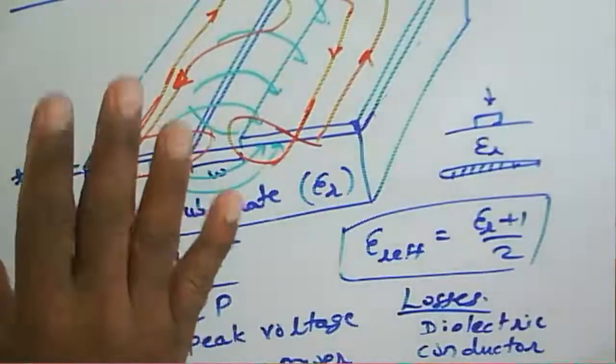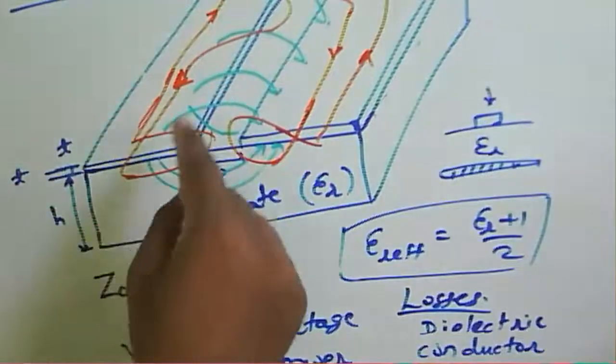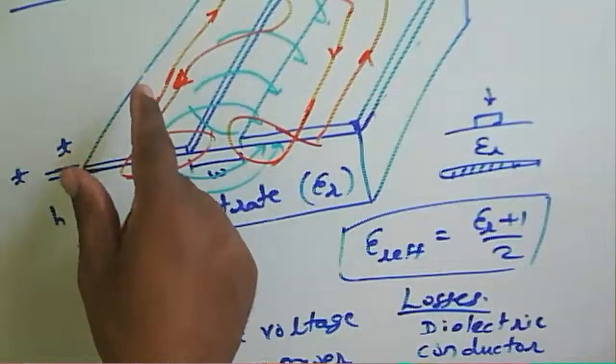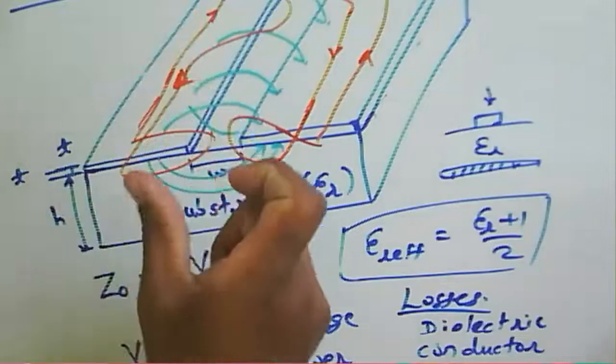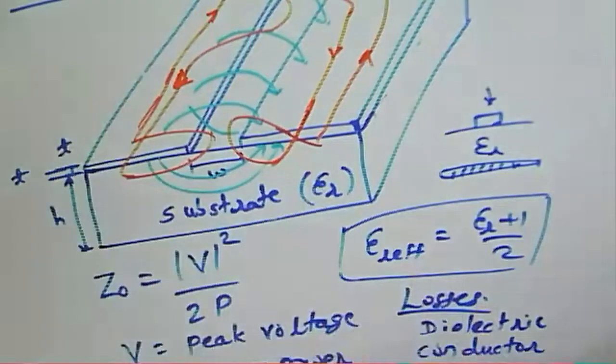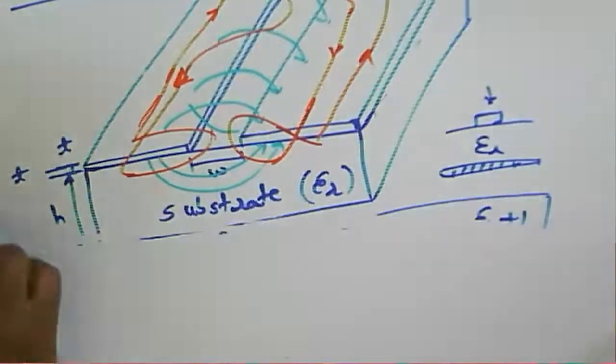The surface is a conducting surface, so it has some surface resistance Rs. That's why the conducting loss depends upon the surface resistance of this conducting strip line. So that's all about the slot line.